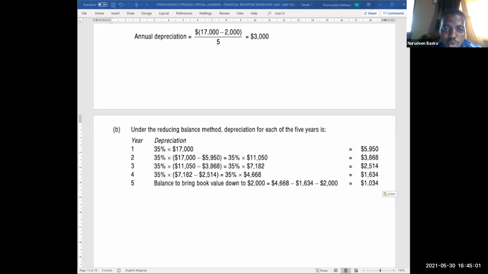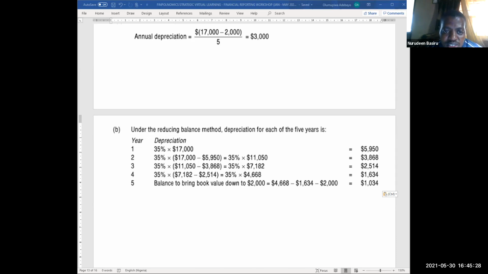Then in the second year, we charge 35% of the net book value, which is $11,050. 35% of $11,050 equals $3,868. That is our depreciation in the second year.